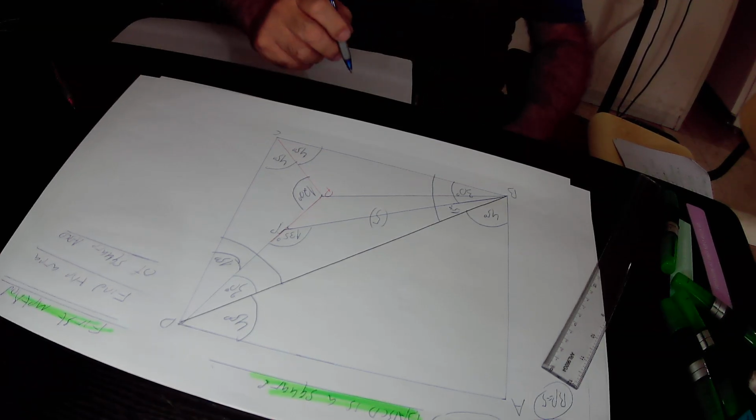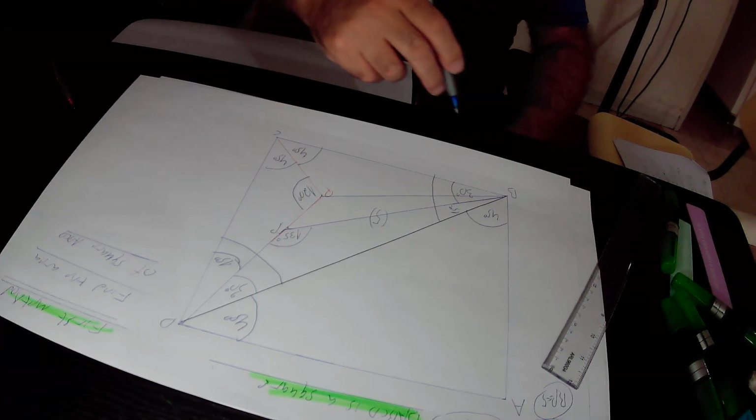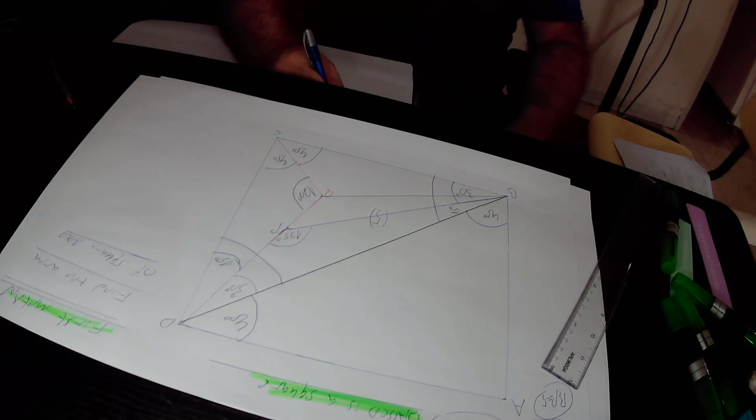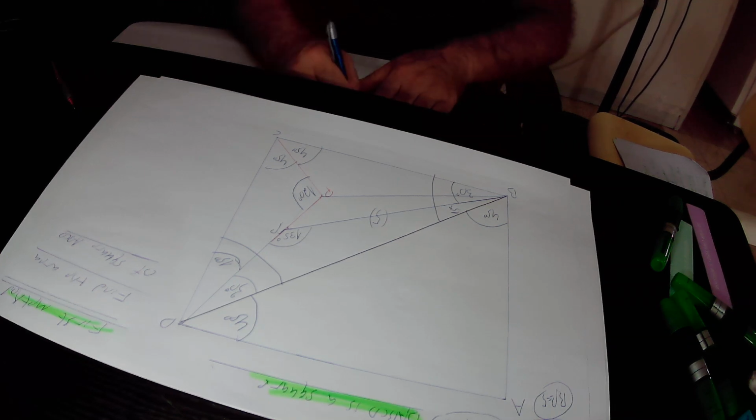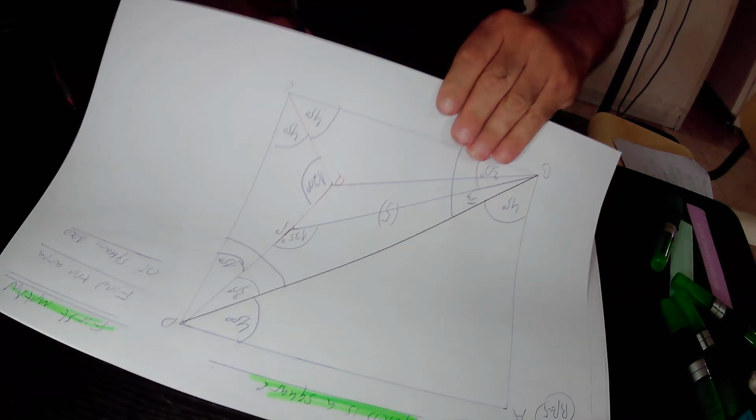We have to prove that triangle BQC can go into triangle DQC according to the side angle side rule.